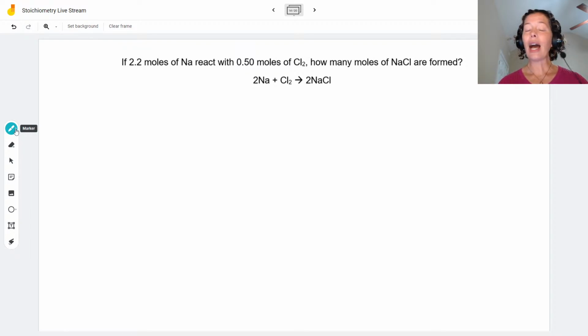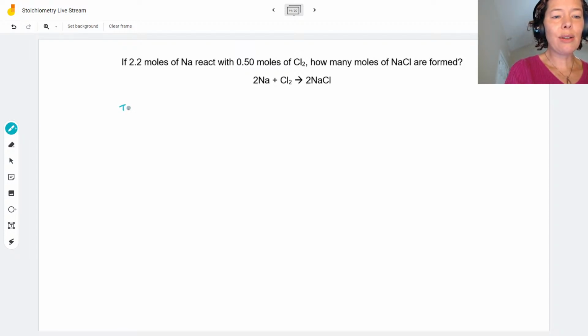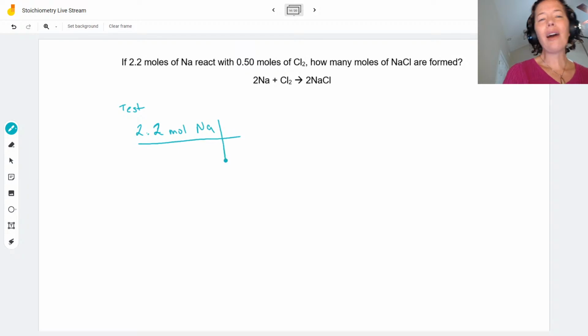Now, the way that I handle this is I am going to run a couple of tests. So this is what I call my test phase. What I'm going to do is say, all right, let's assume that I'm going to use all of my 2.2 moles of sodium. How many moles of chlorine would that take to use every bit of my sodium?